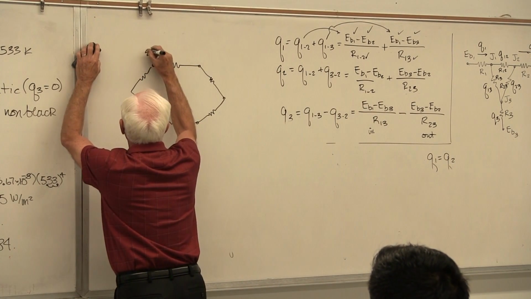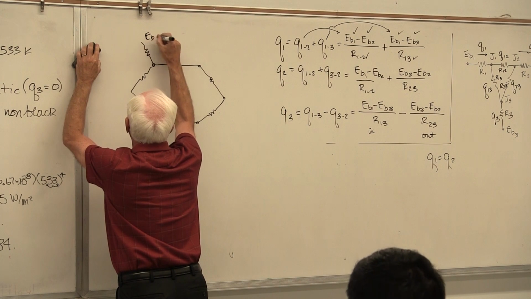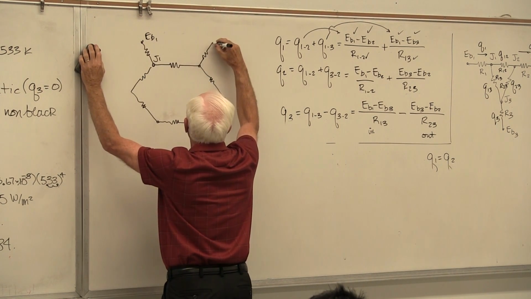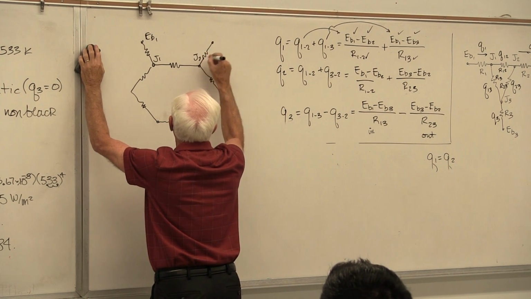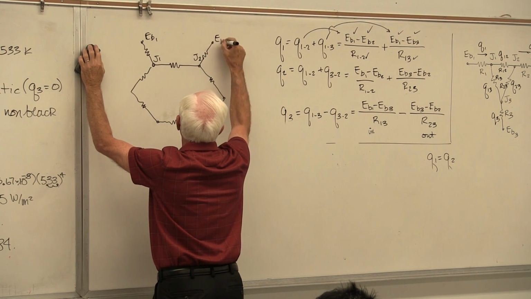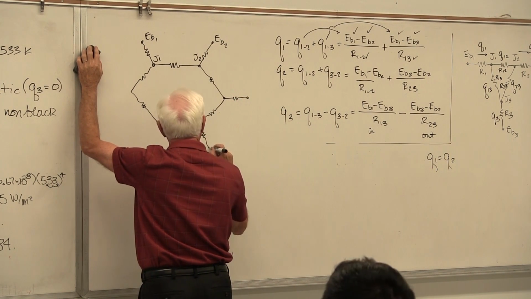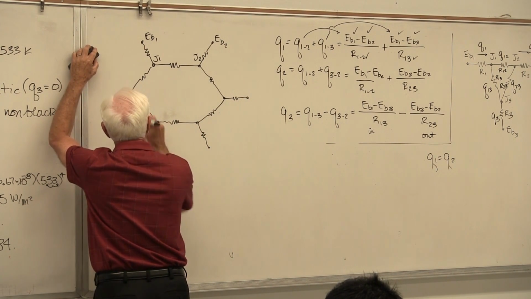This is J1, EB1, J1, EB2, J2, and so on, and so on, and so on. 3, 4, 5, 6.